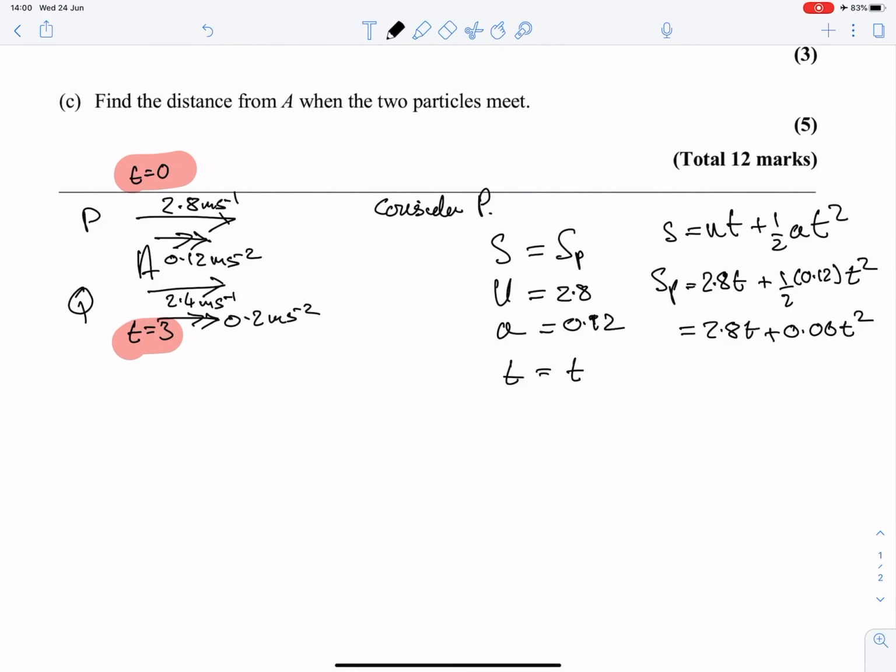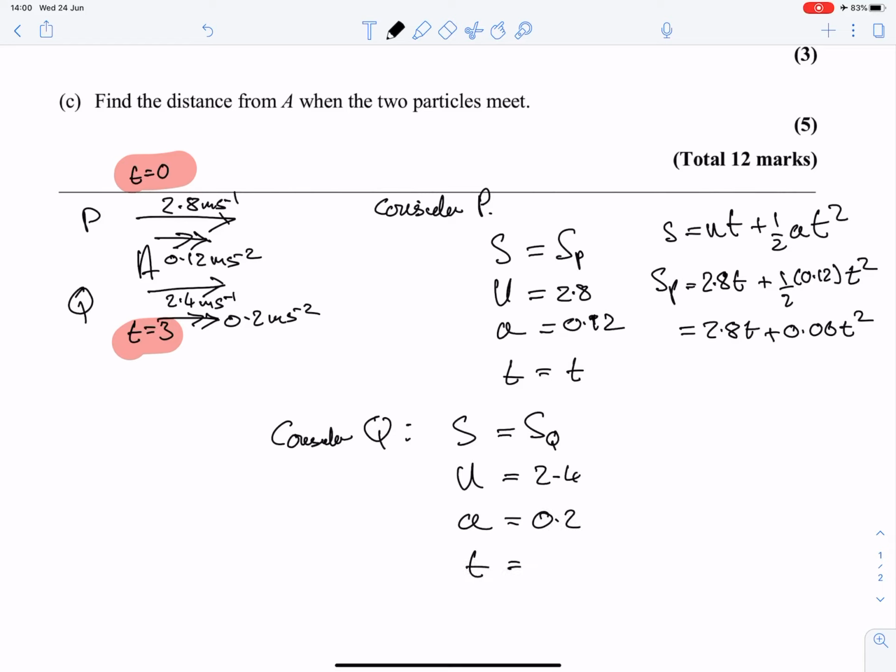Okay, now we can consider Q. So S is equal to the position of Q, SQ. U of Q is equal to 2.4 meters per second. The acceleration of Q is 0.2.